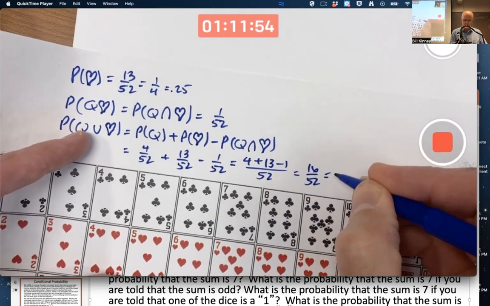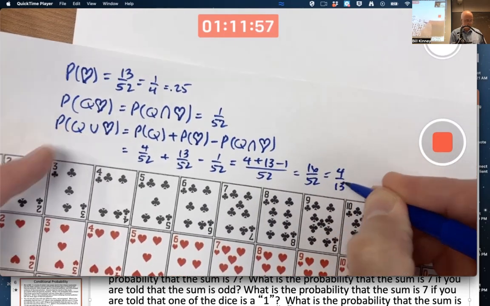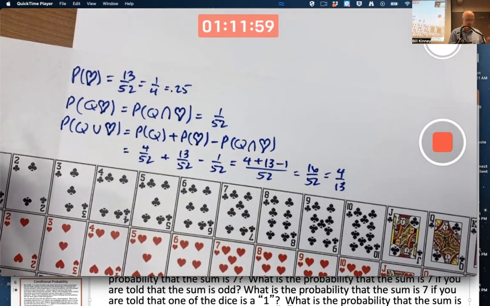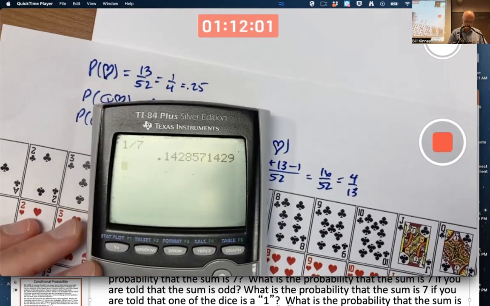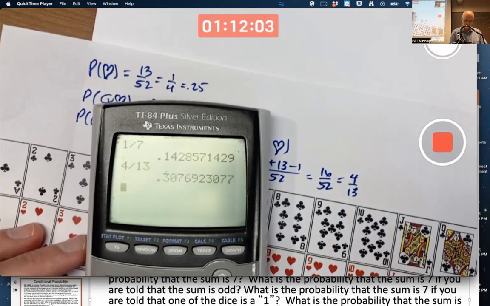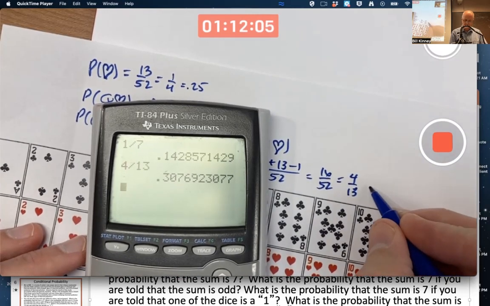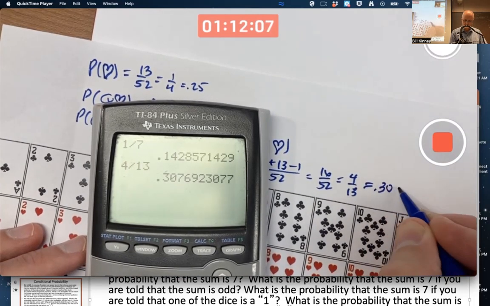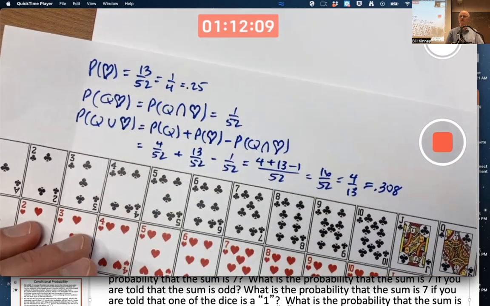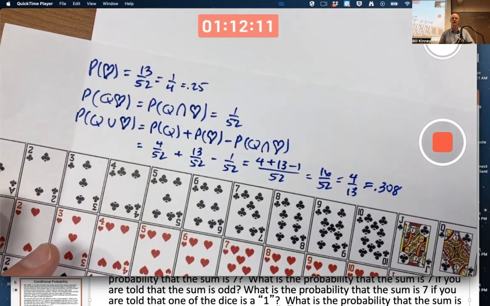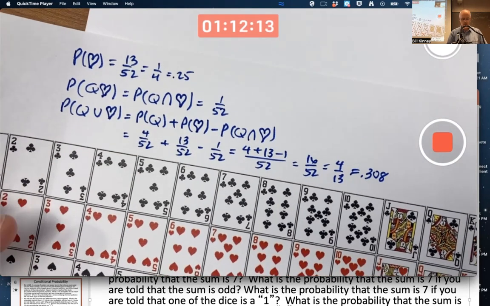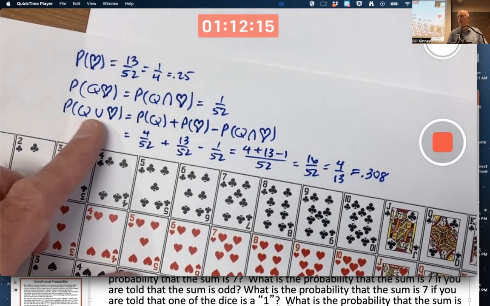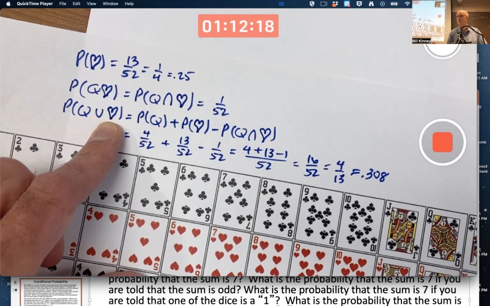That can be reduced to 4/13 if you like. And 4/13 is about 0.308. Or 0.31 if you prefer. About a 31% chance that if you randomly pick one card out of a well-shuffled 52 card deck, that it will be a queen or a heart, or both, the Queen of Hearts.